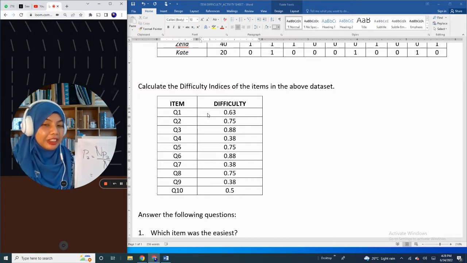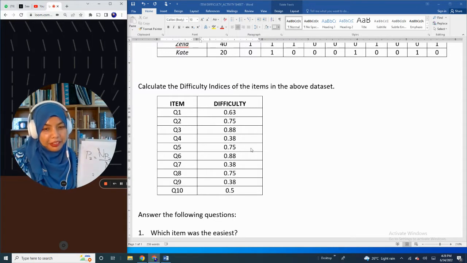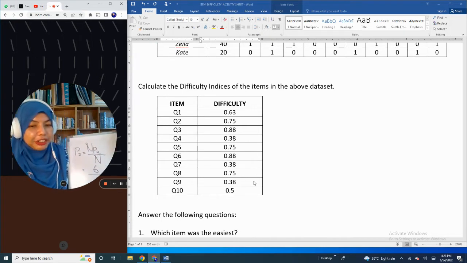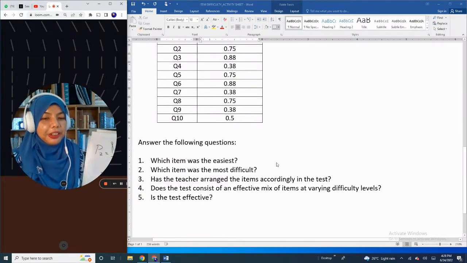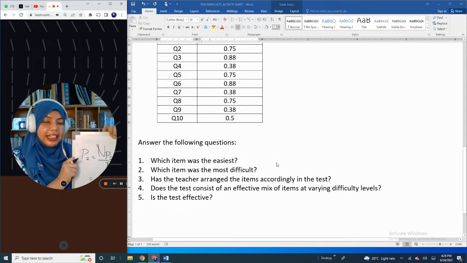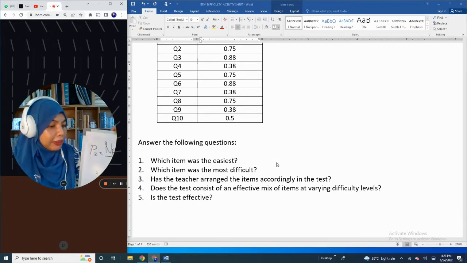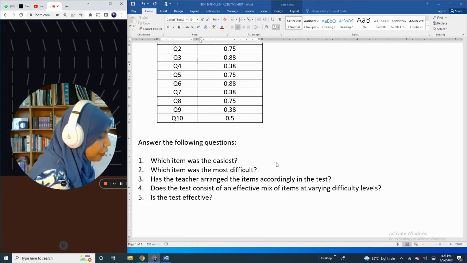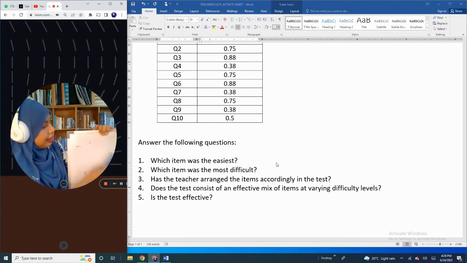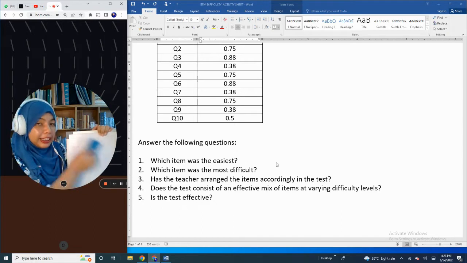What's the index for difficult items and what's the index of easy items? Okay, very interesting. All right, so let's answer the following questions. These are also the same items that you will be answering for your focus assignment 1.